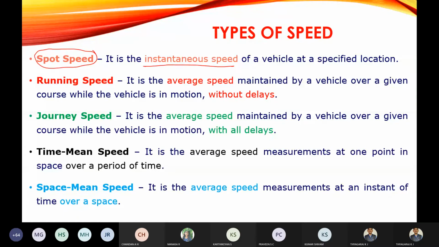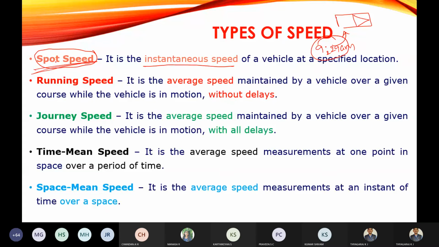At that time, what will be the speed? For example, a car will be moving at a particular location. At 9:29 a.m., what will be the speed of that vehicle? At that instant, what is the speed of the vehicle? That we are going to call spot speed.